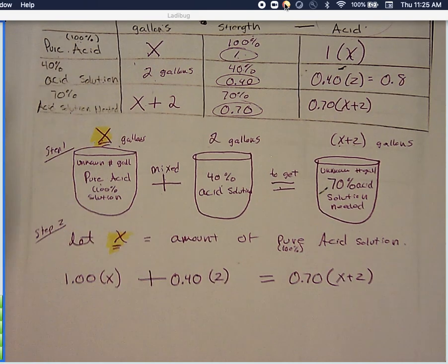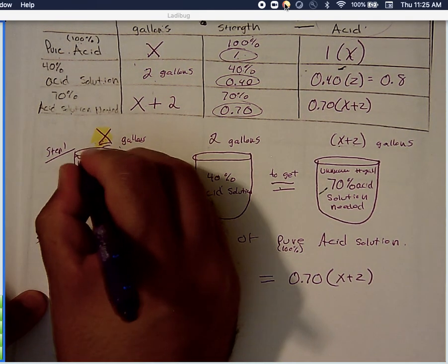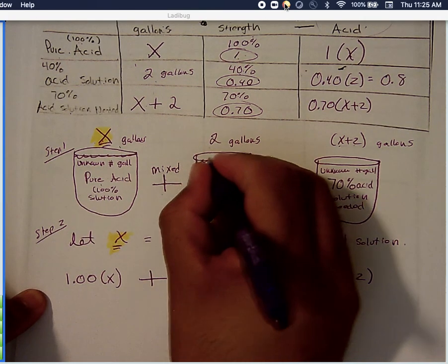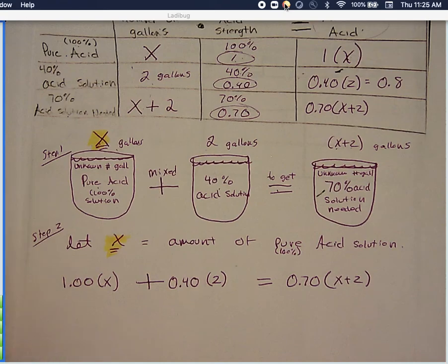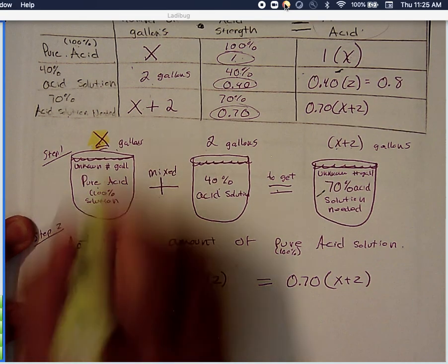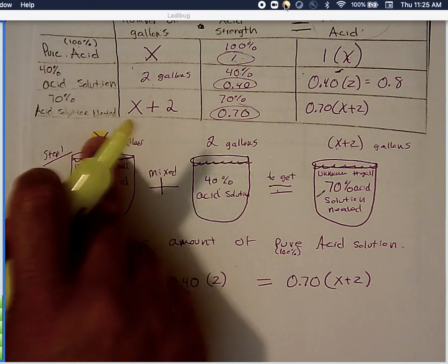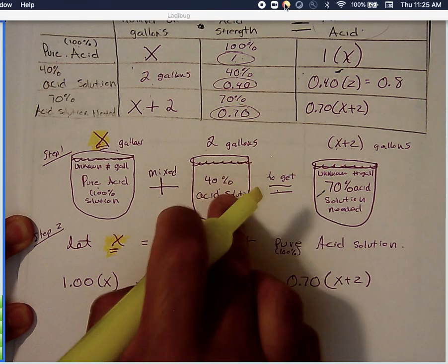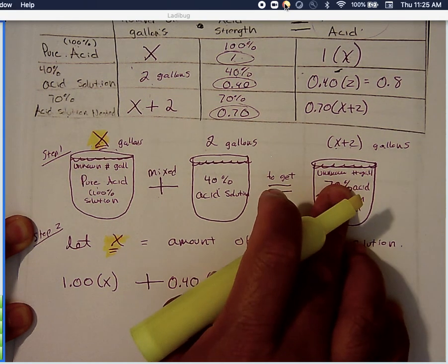Okay, so in order for that to make sense, imagine this is acid solution. I'm gonna make it look like this is water. So this solution is 100% acid, and it's only an x amount of gallons. This is 40%, and this is 70%.